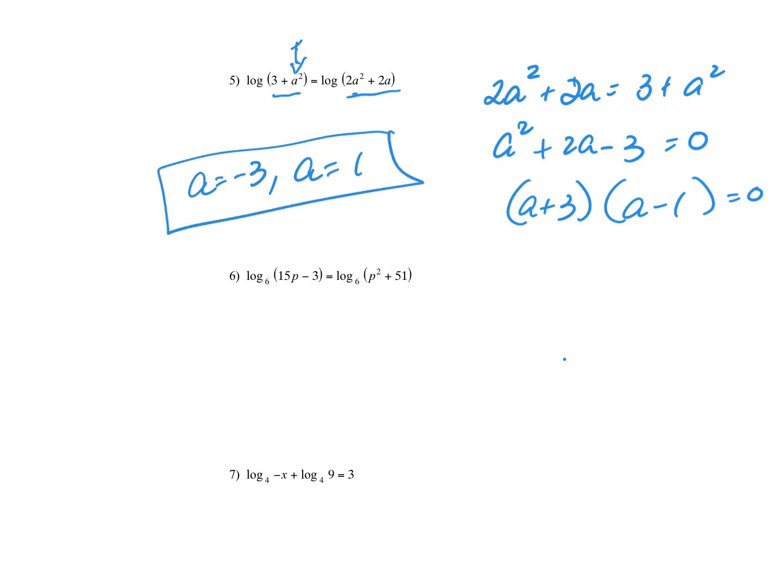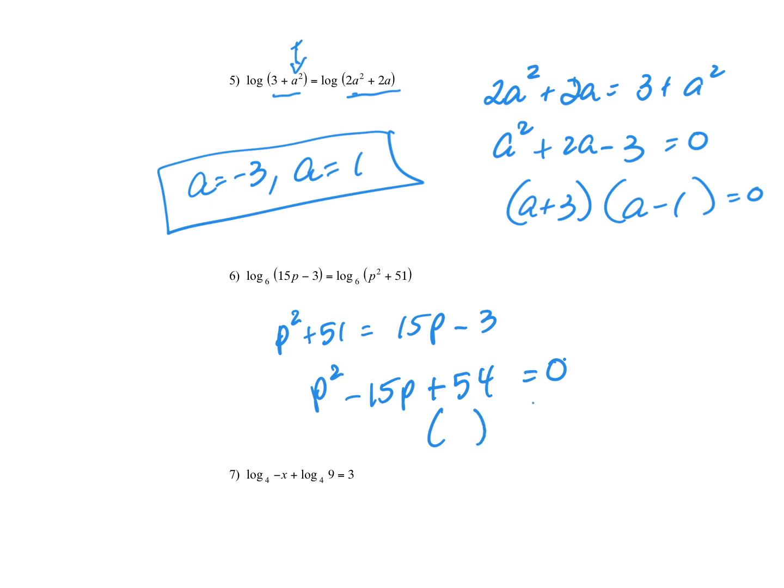In the next one, we'll put the p squared on the left, plus 51 equals 15p minus 3. When we move everything to the left side, we get p squared. Always put the p in the middle, minus 15p plus 54 equals 0. And you say to yourself, what times what is 54, and added together is -15?